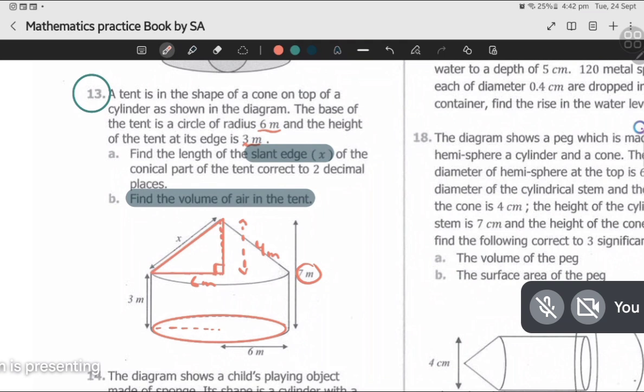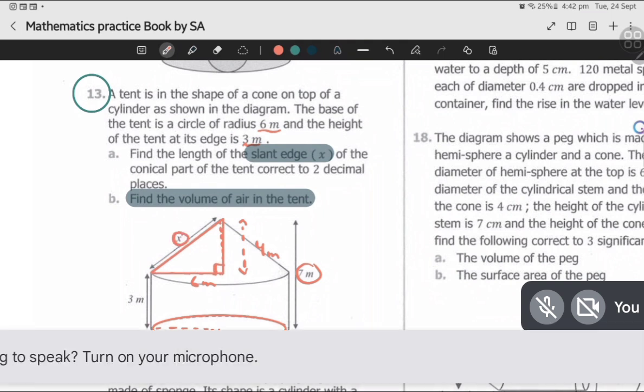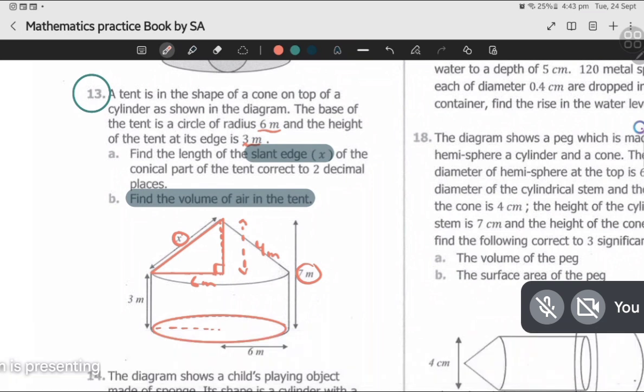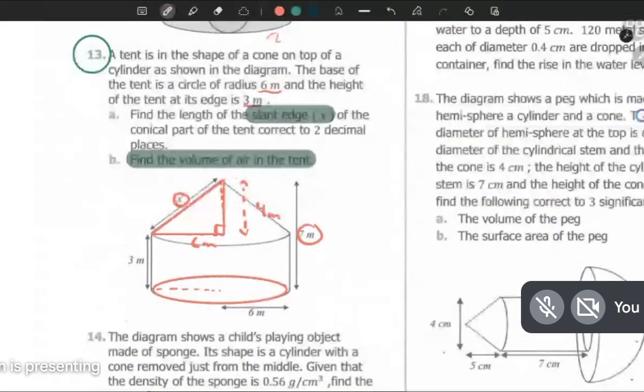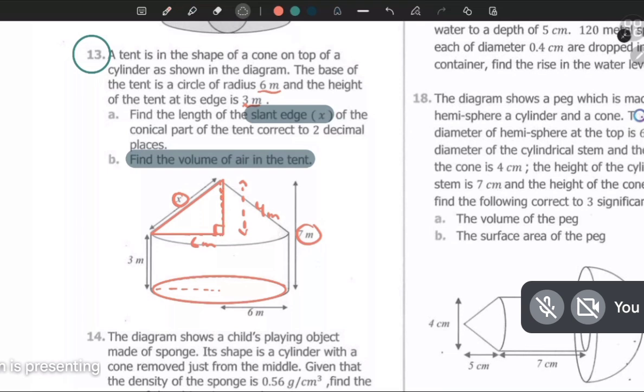Yes. So how do we find the hypotenuse of a right angled triangle? There was a specific theorem that I taught you. What is that theorem called? Pythagoras theorem. Yes. So how will we use that?